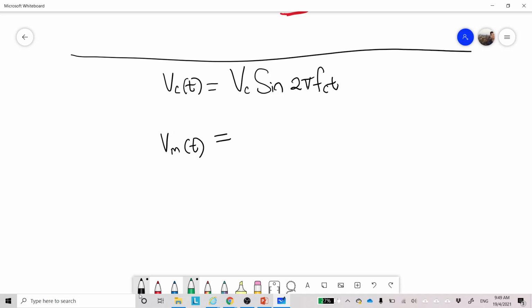Okay, so plus VM, sorry, this is VM1, this is VM2, sine 2 pi FCT sine 2 pi FM2T.